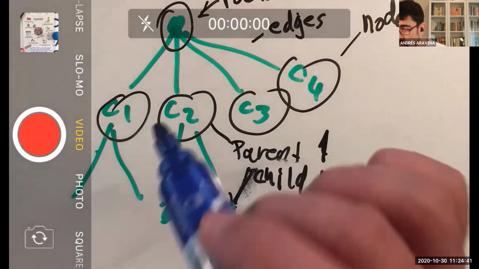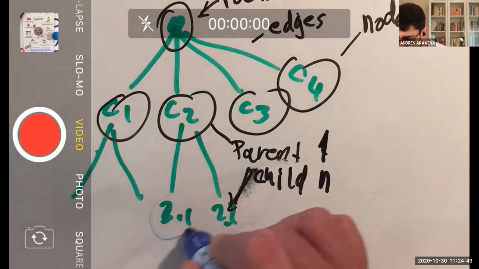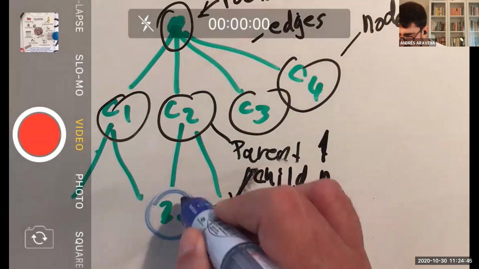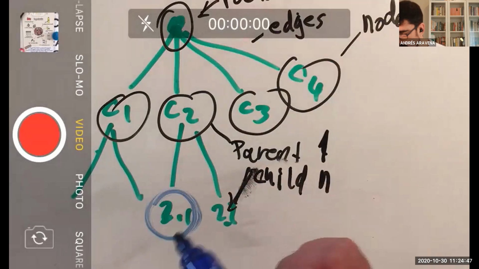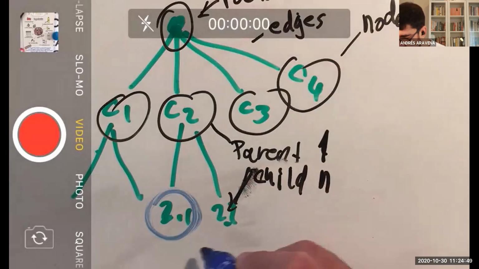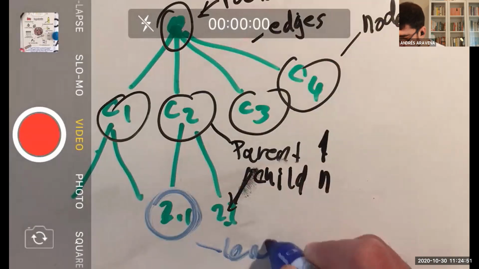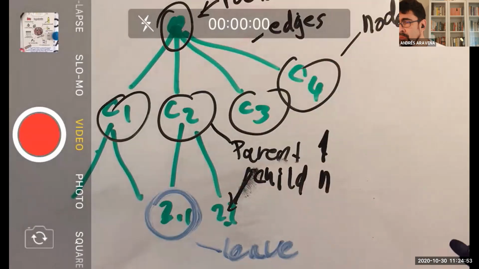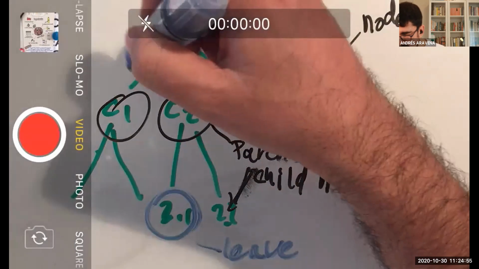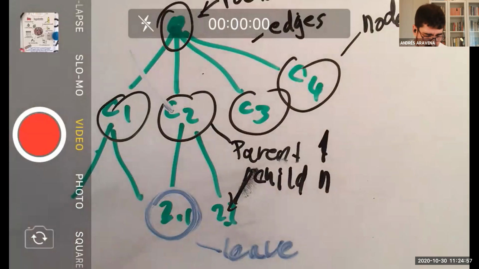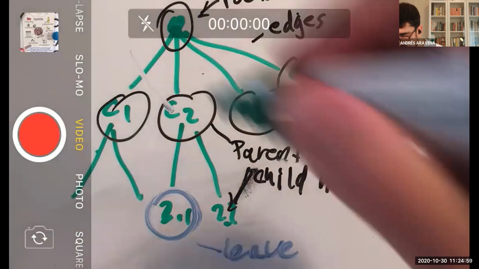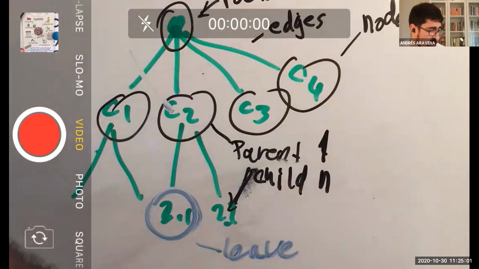But what you are saying is this: some of these nodes don't have children. If the number of children is 0, then it's called a leaf.